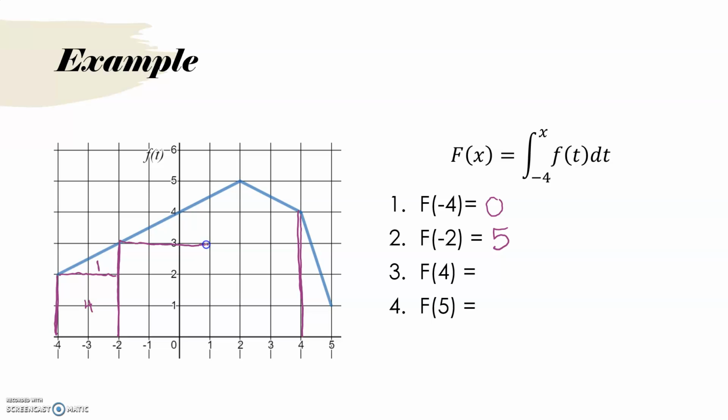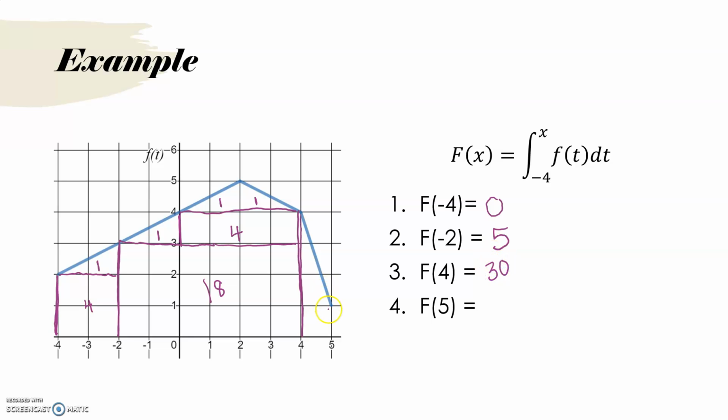This looks like it's 6 by 3, so this would be 18. And here's a 1 by 4, so that'd be 4. And then this is a 1 by 2, so that's 1. Each of these little triangles is 1. And so that would make me 22, 25, plus the 5 I already had would put me at 30.